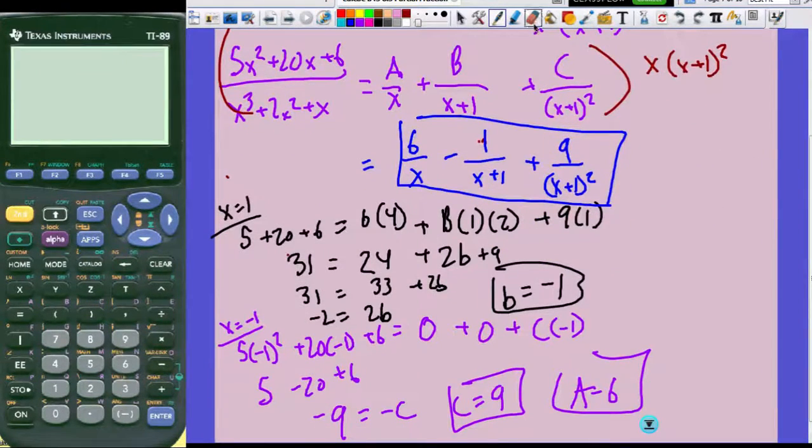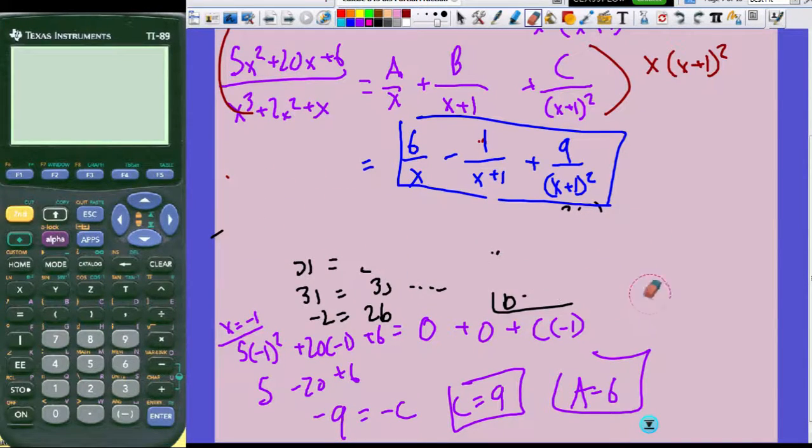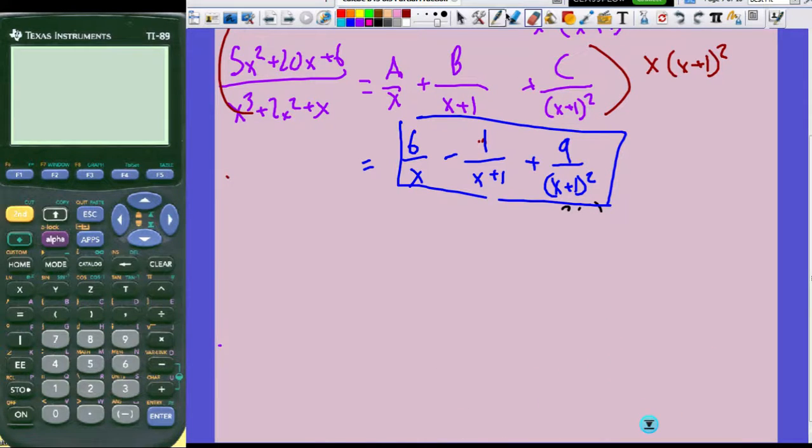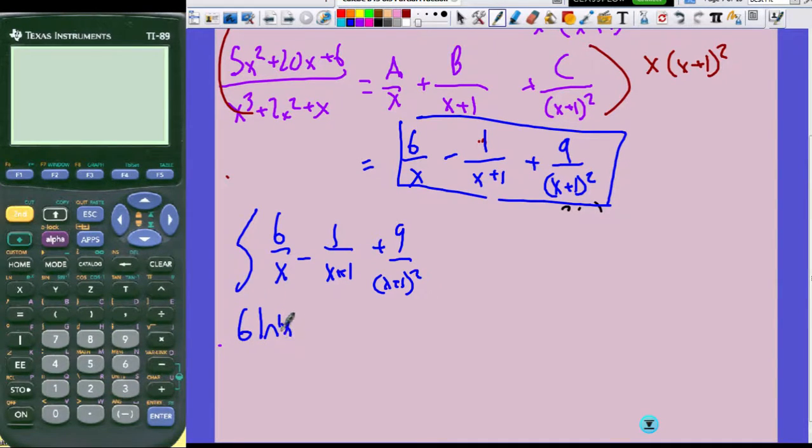But wait, what was the point? I have to integrate. So I'm going to erase some of this work. And now I actually want to integrate each of those. So hopefully it's not too bad. The integral of 6 over x minus 1 over x plus 1 plus 9 over x plus 1 squared: the 6 over x is going to be 6 times natural log of x, minus natural log of x plus 1.